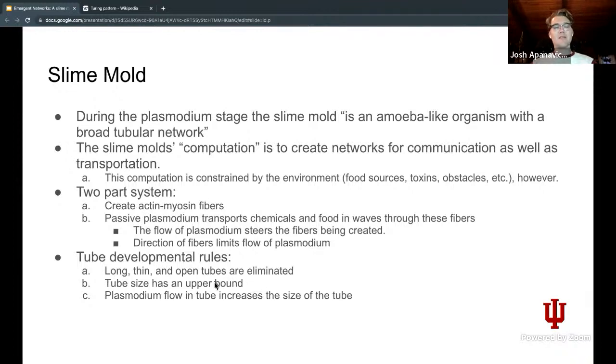However, the tube size does have an upper bound. I think this is more due to computational resources. And well, I guess I don't totally understand the biology, but I think there are some biological reasons for the upper bound as well. And naturally, the plasmodium flow in the tube increases with the size of the tube. More food can flow and more signaling chemicals.